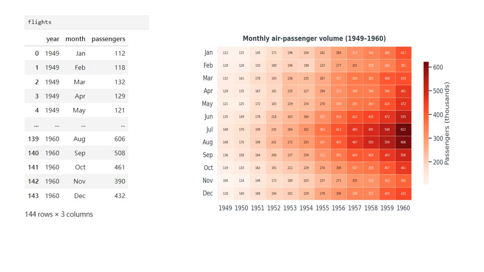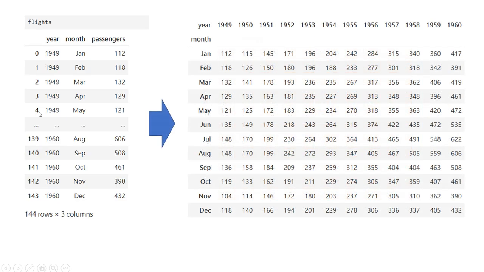So we need to change this long form data to another form, like on the right hand side. We need to change from the left hand side to the right hand side. In 1949, we have 12 pieces of data, and another year is also 12 pieces of data, and 1951 is also the same. So we need to switch the form of the data to another one. So how to do this? We need to use a way called pivot.